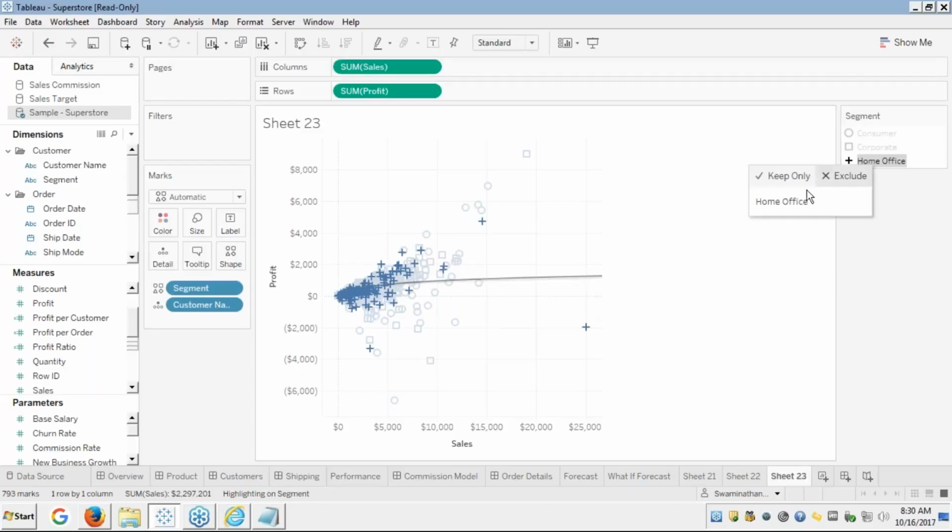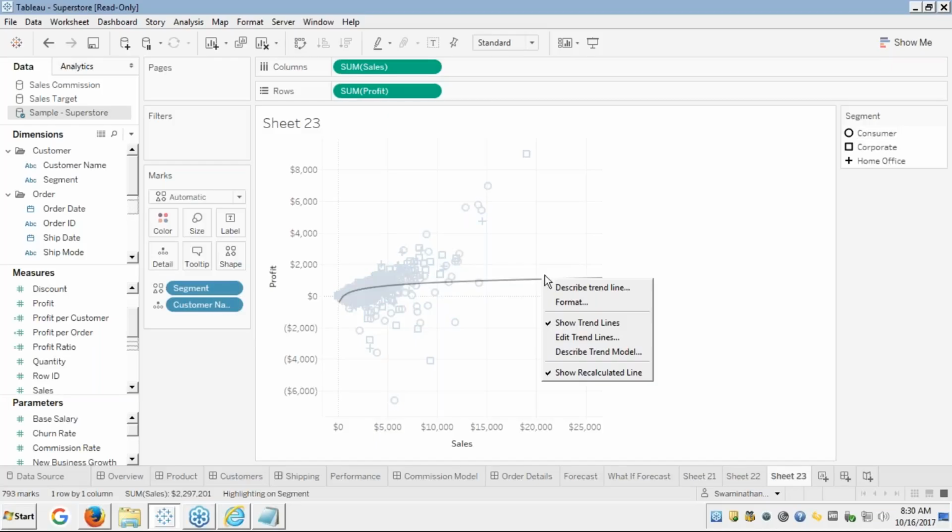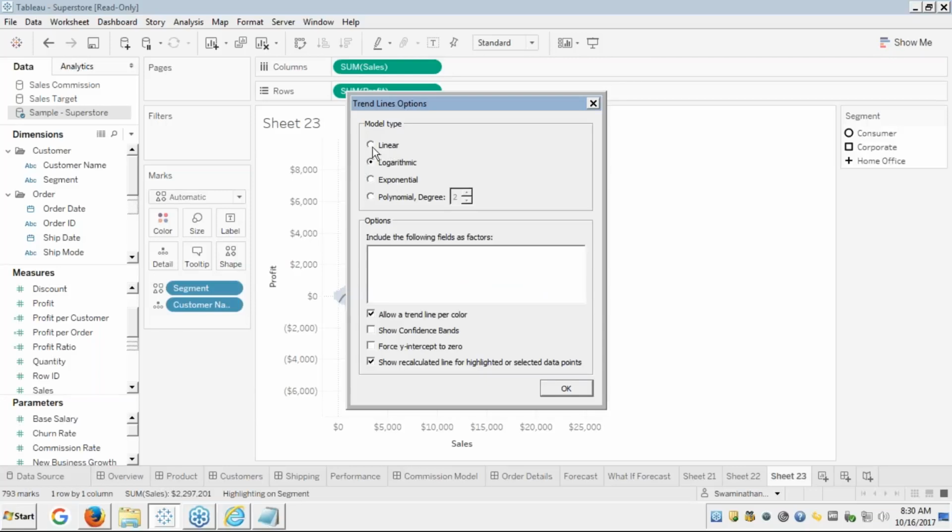For corporate this is weak, and for home office this is also still weak. However, for the consumer segment this model was better. So I can choose any of the models, friends, among these, and I'll be able to make out the data well.